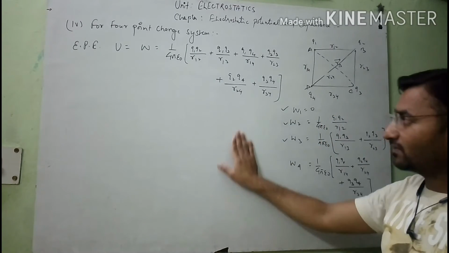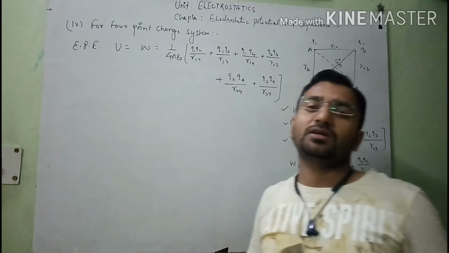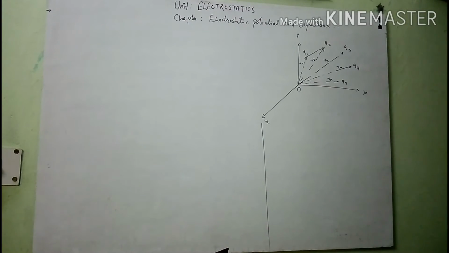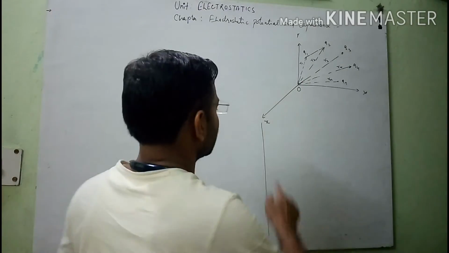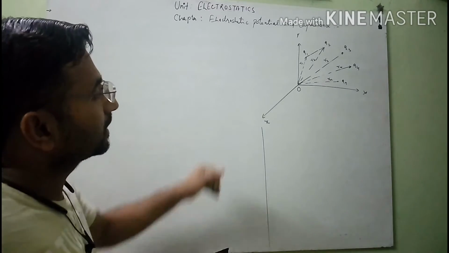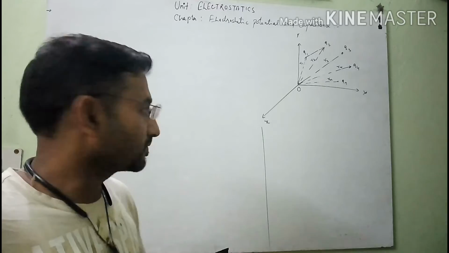Students, after this I will explain the electrostatic potential energy for the n-point charge system. In this diagram for the n-point system of charges, we will talk about the electrostatic potential energy for the n-point system of charges.